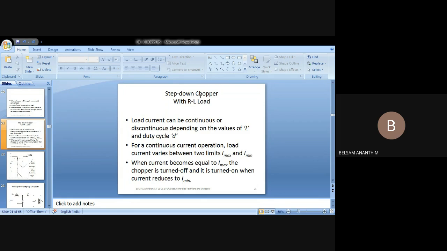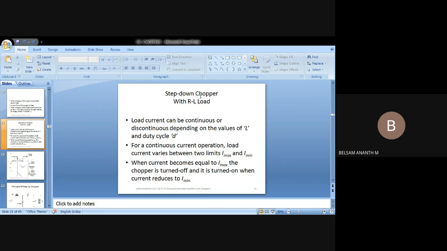When the current becomes equal to I max, the chopper is turned off, and it is turned on when the current reduces to the minimum. So next point: when current equals I max, the chopper is in turned off condition.